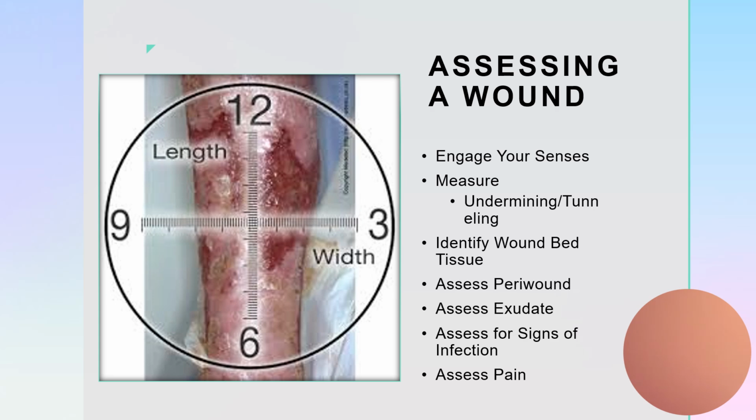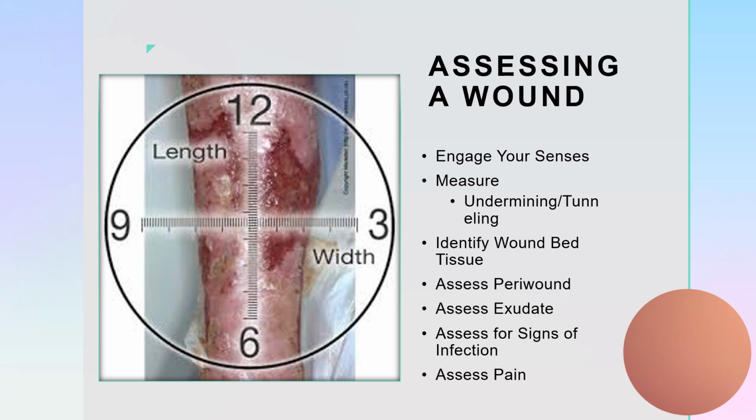Then we need to assess the exudate. Exudate is drainage. What type of exudate is it? How much is it? And does it have an odor? We have serous exudate, which is usually clear, but it may also have a light yellow color to it.